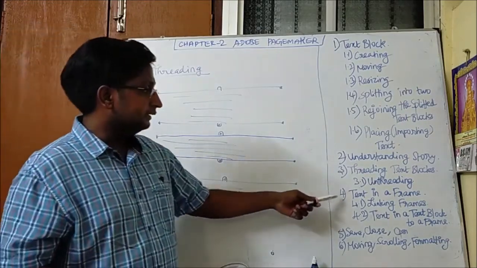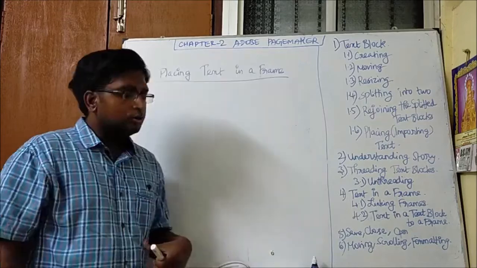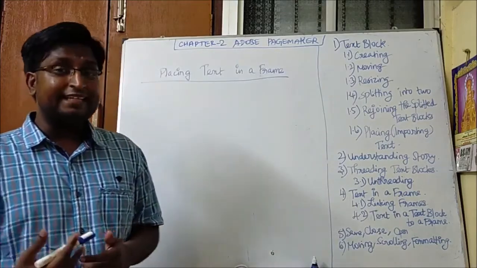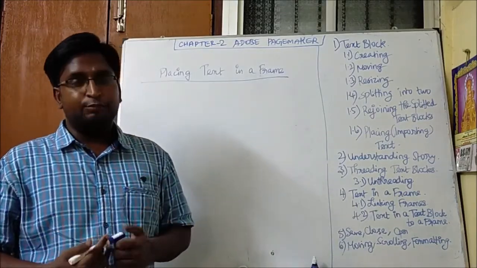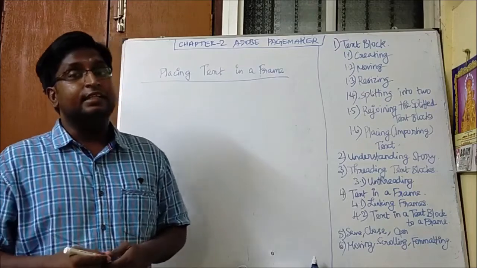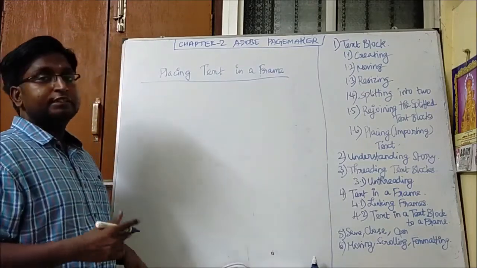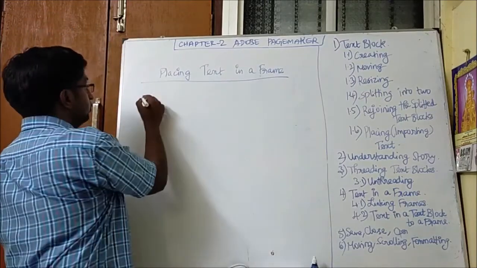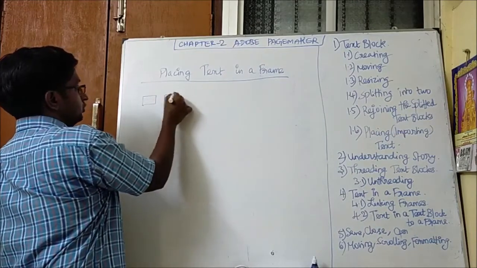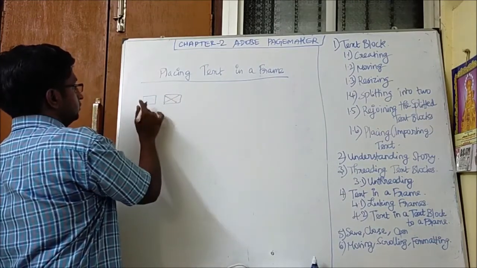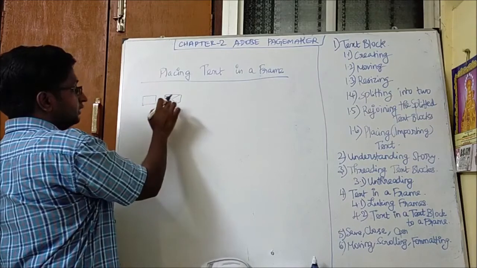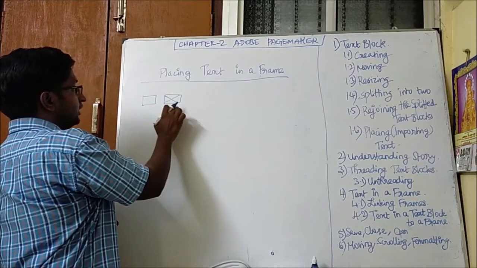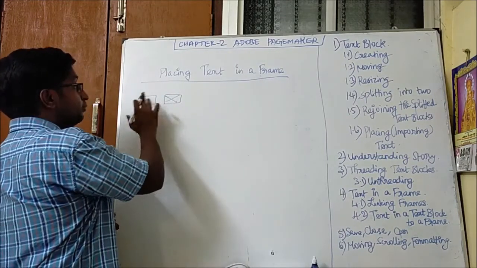So the next one is text in frame. You can place the text not only in the text block, you can also place the text in a text frame, that is the frame tool. Using the frame tool, we have three frame tools. This is the rectangle tool, this is the frame tool. You must be able to identify which is the frame tool.